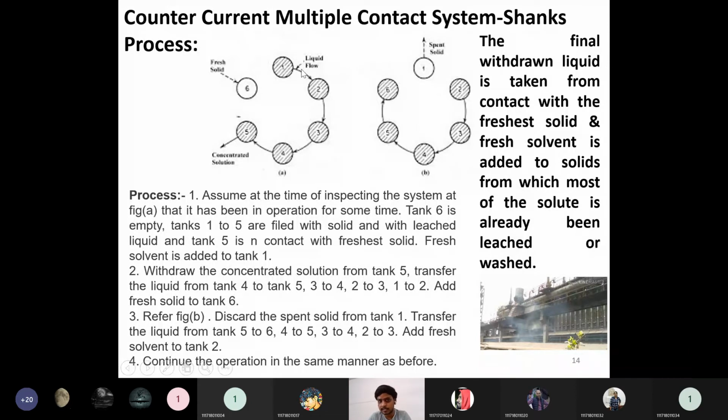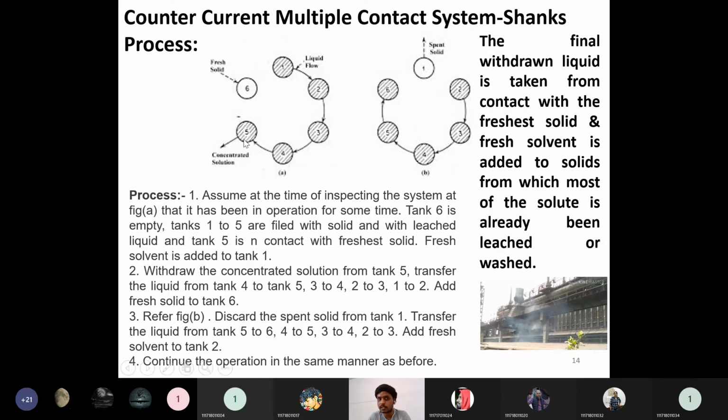That older person just travels from 1 to 2, 2 to 3, 3 to 4, then to 5. As soon as this older solvent comes into tank 5, the fresh solids are there because tank 5 is very young, like a young baby.